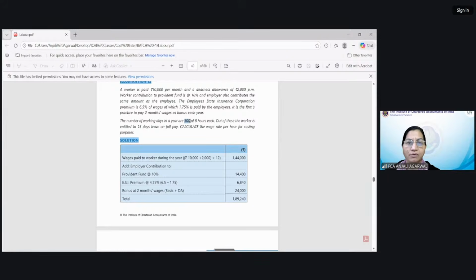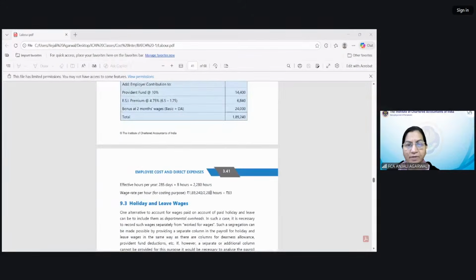So he's not working for 300 days, he's working for 300 minus 15, 285 days. 285 days multiplied by 8 hours, so he's working for 2,280 hours. 189,240 divided by 2,280 is his effective hourly rate, which is rupees 83 per hour. Good.